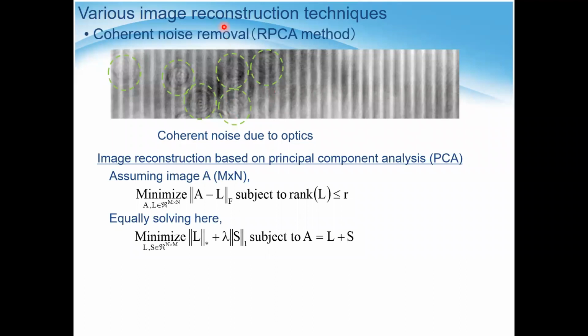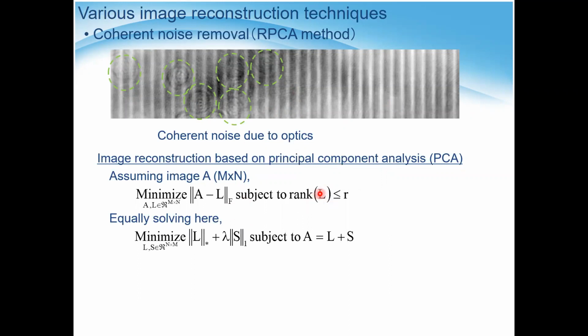Actually, we found that the RPCA method, which is the robust principal component analysis method, could recover the image. I will just briefly mention that in any image there are several principal components, meaning low rank patterns inside the image in the vertical and horizontal directions.